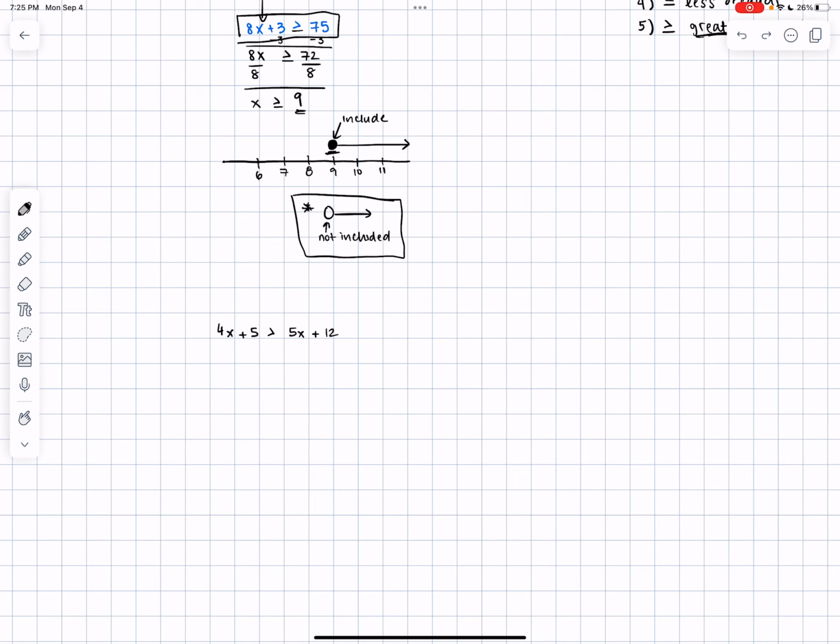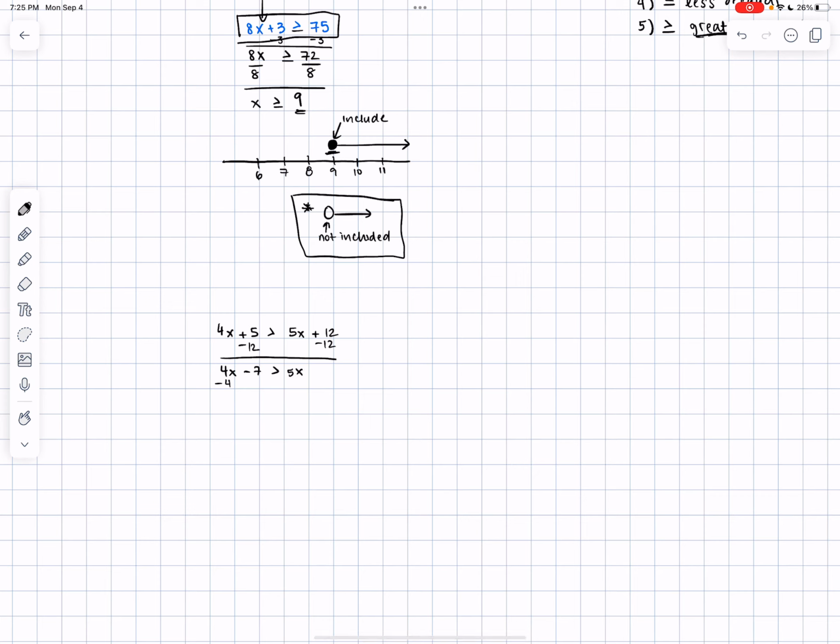So we're going to get like terms on one side and the variable on one side. We could subtract 12 on both sides, and that would be 4x minus 7 is greater than 5x.